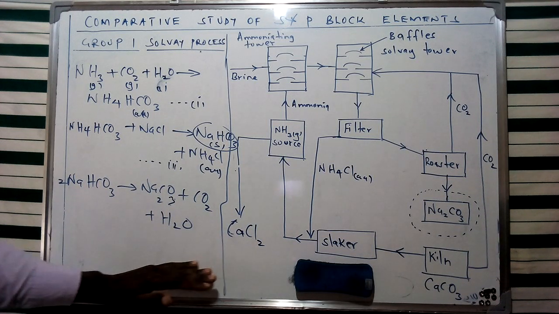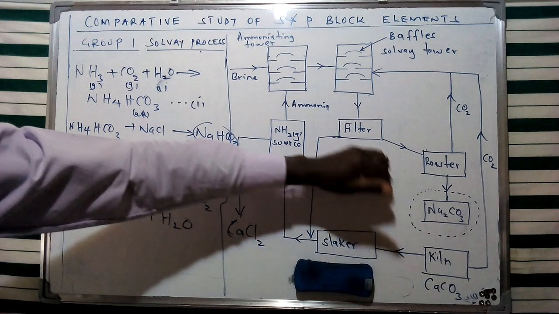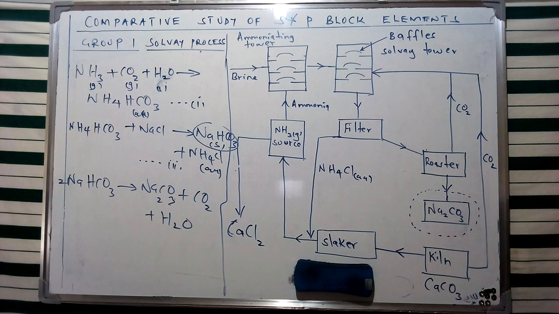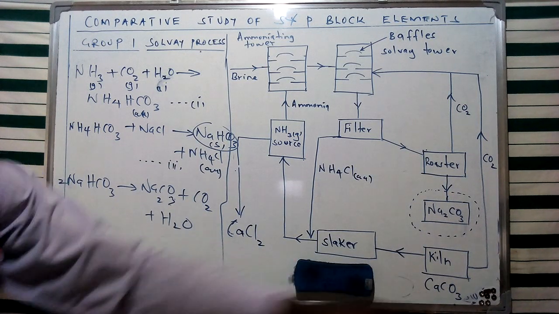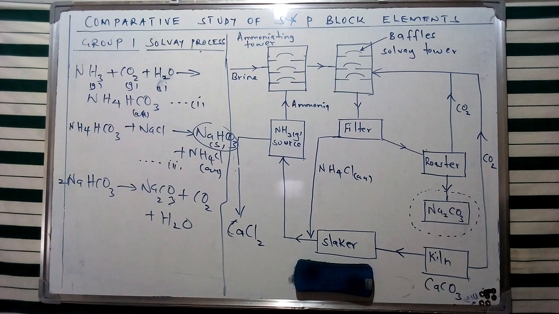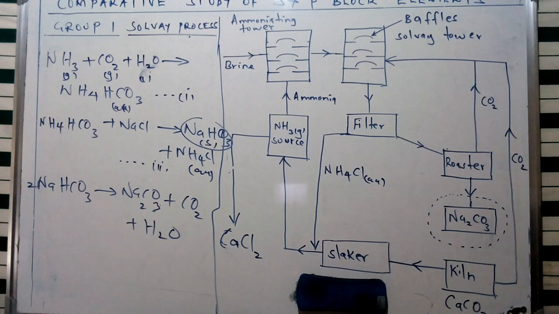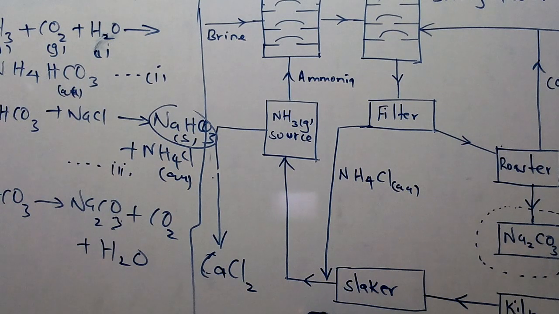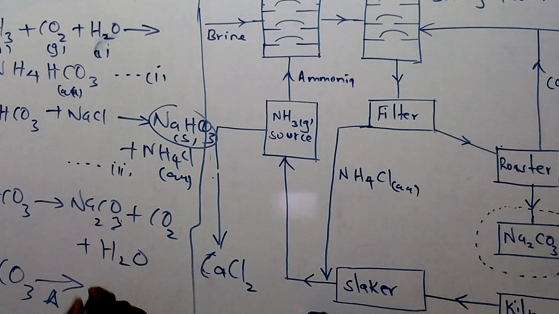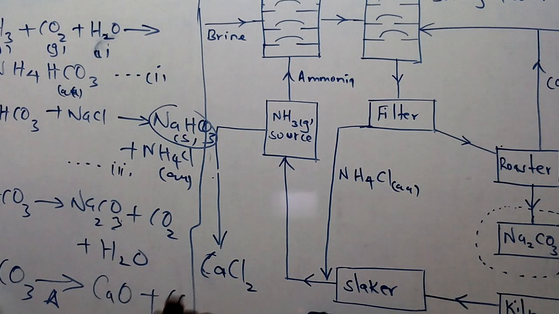Now, apart from the carbon dioxide which is being produced from this specific reaction, we had said that we can obtain carbon dioxide as a byproduct or as a raw material from roasting of limestone, which is calcium carbonate. This is going to occur through the decomposition of this calcium carbonate, leading to the formation of calcium oxide plus carbon dioxide gas.